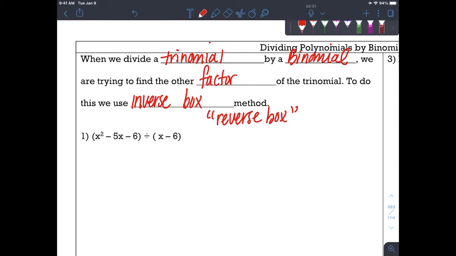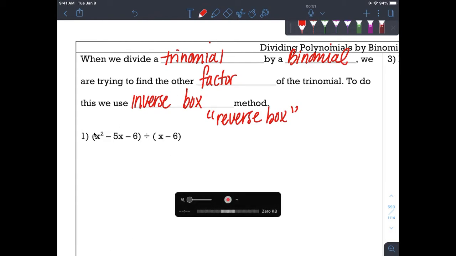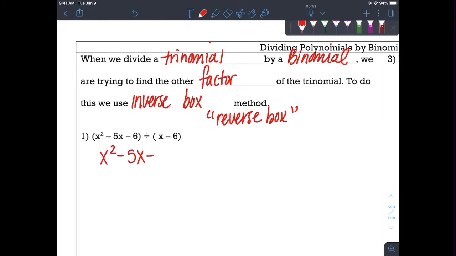Essentially, we're trying to factor it, but in a different way. As you can see here, I have x squared minus 5x minus 6 divided by x minus 6. If I was to write this out in a different way, just so it's a little bit more intelligible, it would look like this.